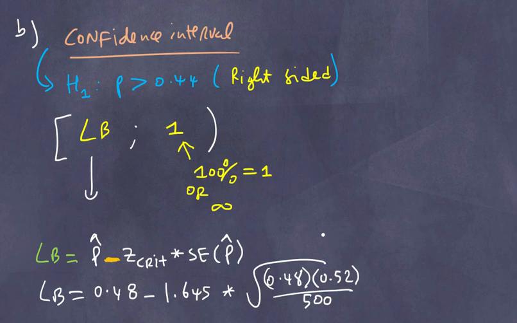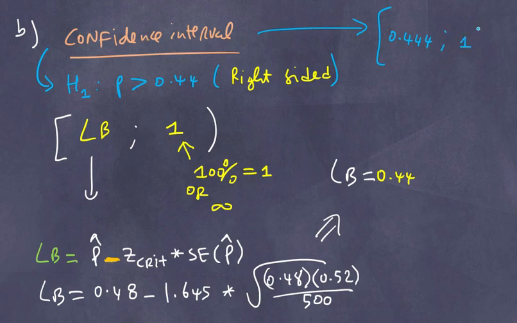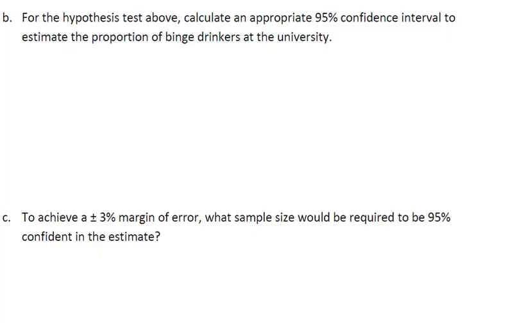Okay, that's the lower bound. So the confidence interval for the population proportion is 0.444 to 1 or to infinity. The margin of error is plus minus 3%.